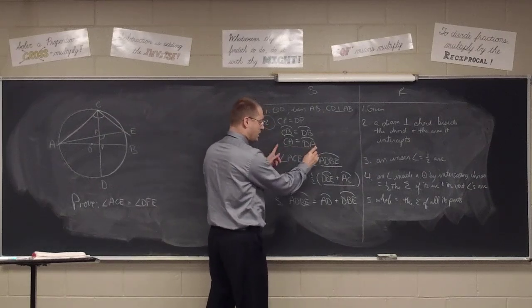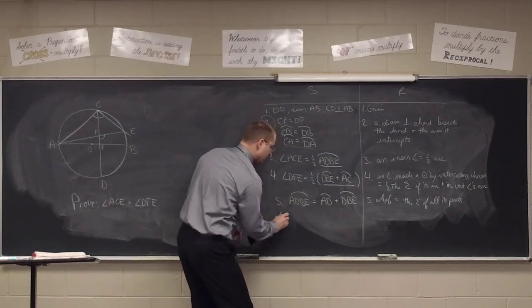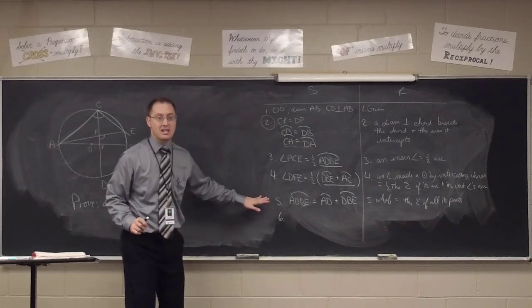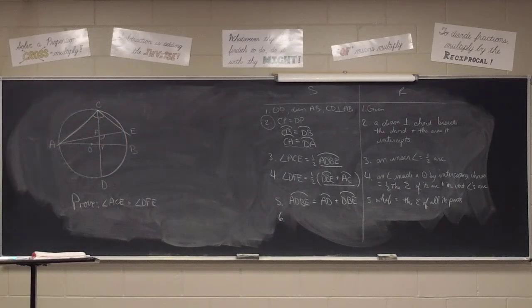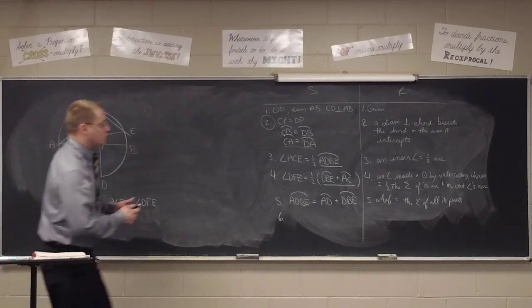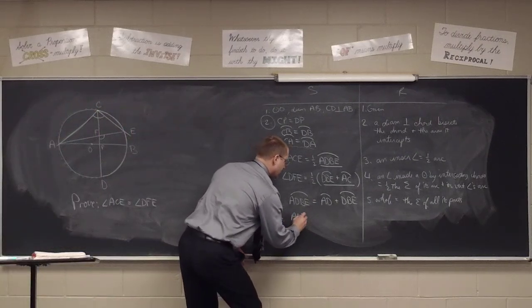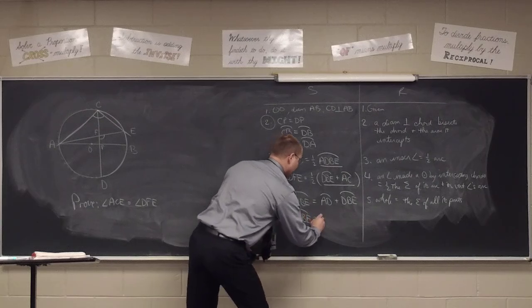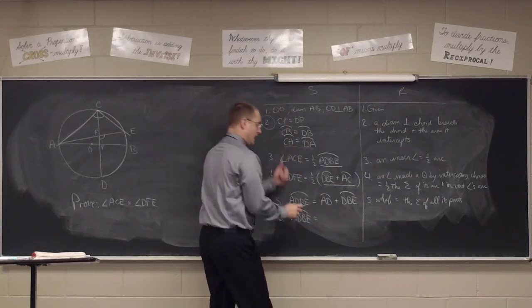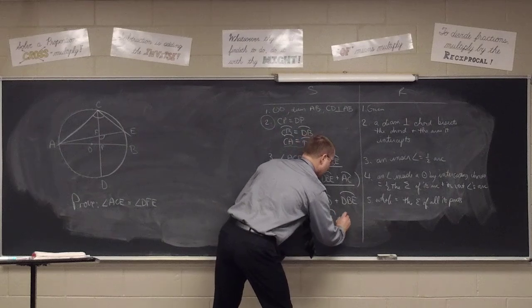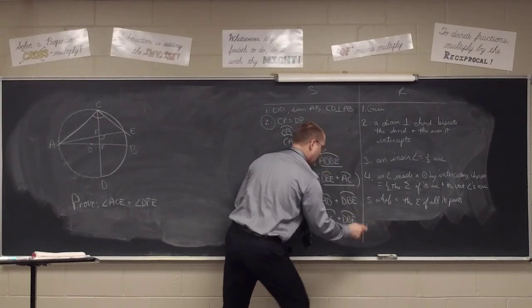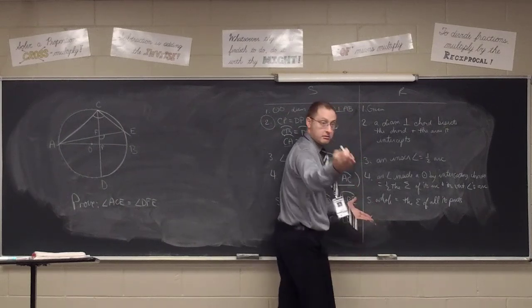Yeah, since CA equals DA, number 6, I could restate number 5 how, Kendall? Or ADBE equals AC plus DBE. Right, so just restate exactly what you just said, but instead of saying AD, say AC plus DBE by substitution.